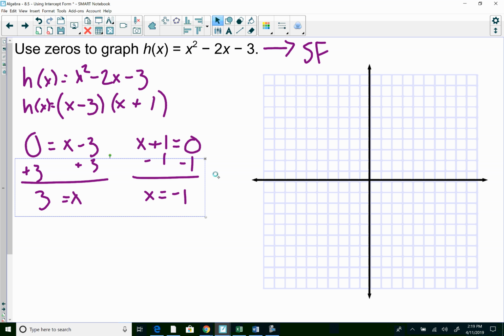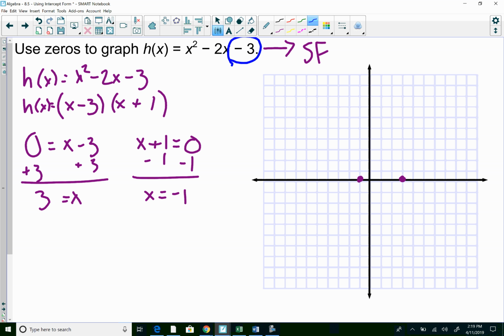Okay, so now what I'm able to do is go ahead and plot each of these points. So 1, 2, 3, and then negative 1. The other nice thing about standard form, so basically, you guys, each of these forms has their own positives and negatives.